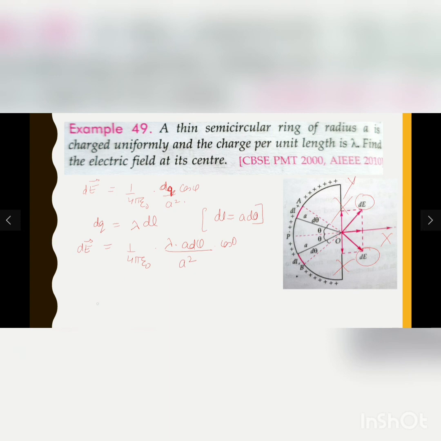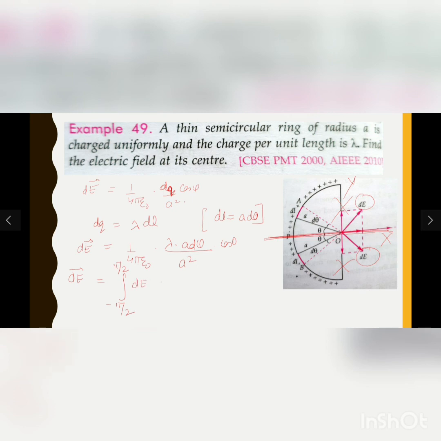Now I integrate this expression within the limits of minus pi by 2 to pi by 2. If we can see the angle here, for a semicircular ring, when I am taking origin to be the center of the semicircular ring, then the value of theta can vary from minus 90 degree to 90 degree.